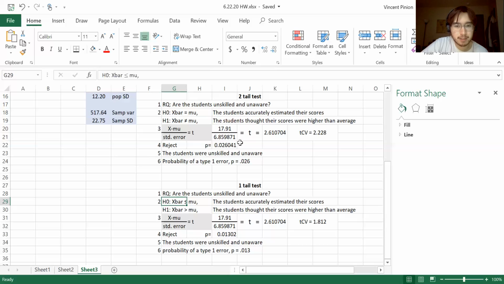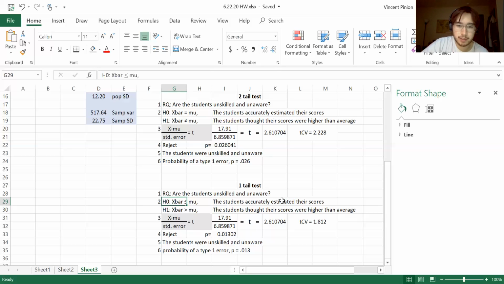But I've concluded, I hope I'm not wrong, that we're still trying to find the same things in the research. So we're still trying to find that the students thought their scores were higher than average.